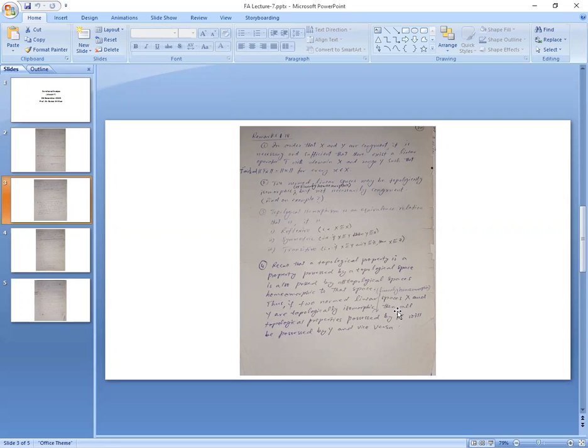Now we prove a result. Instead of checking the conditions of the definition, we prove one simple result.